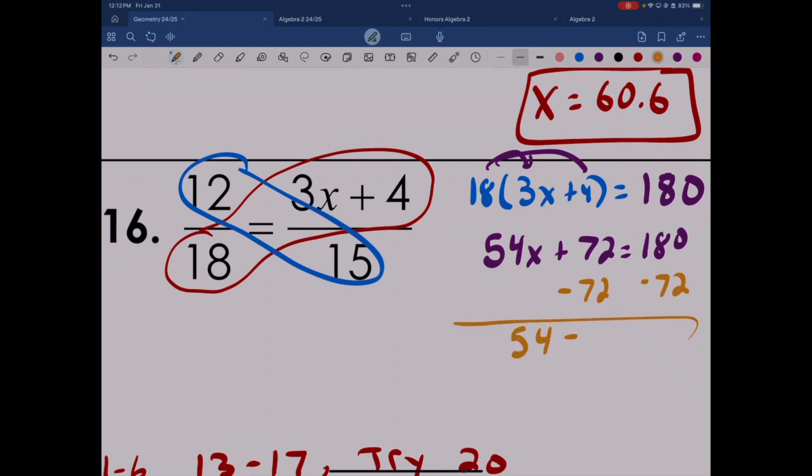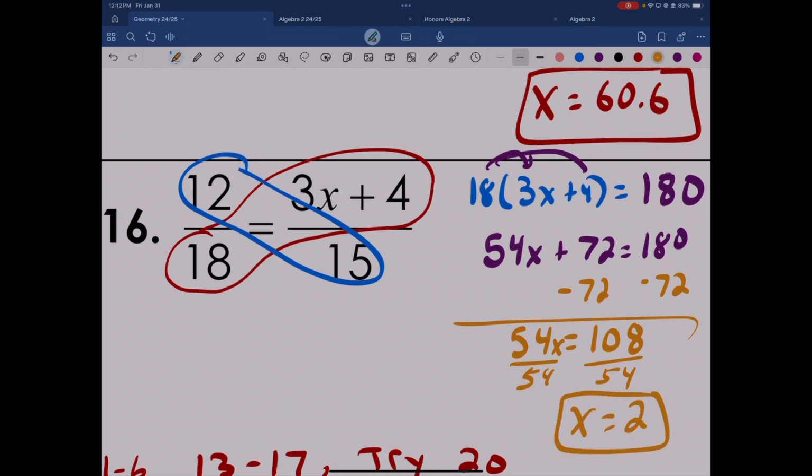So 54x is equal to 108. Sorry, 54x. I think that's just 2, isn't it? Yeah? X is equal to 2, because that's 108 divided by 54.